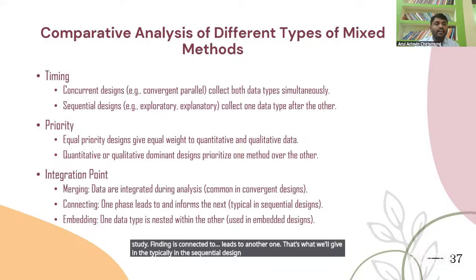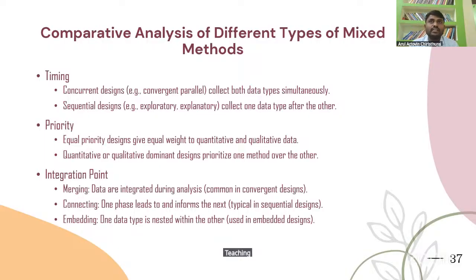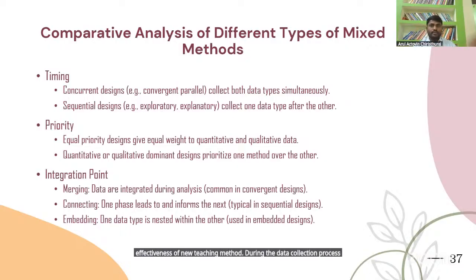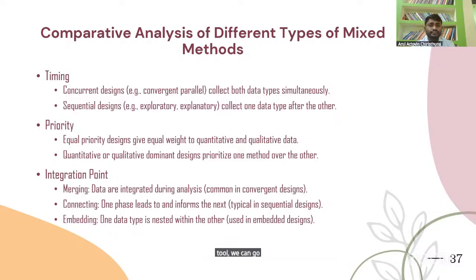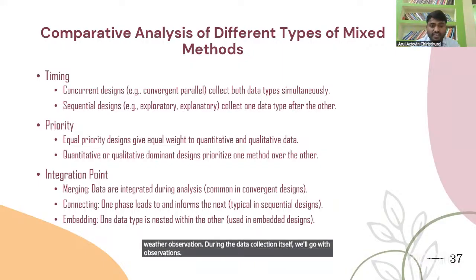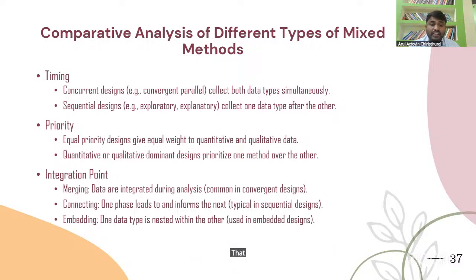For embedded design, one data type is nested within the other. We already saw the previous example about the effectiveness of a new teaching method. During the data collection process, when we are using an effectiveness tool, we can also go for classroom observations during the data collection itself. That's qualitative, and that's the embedding.